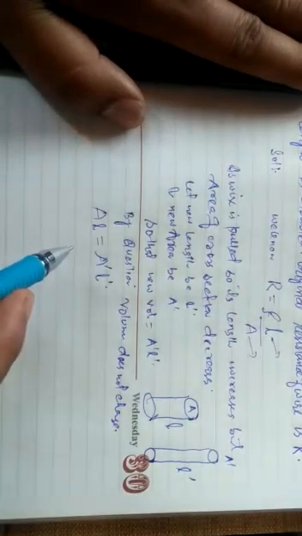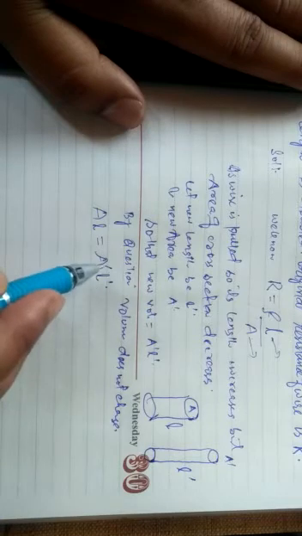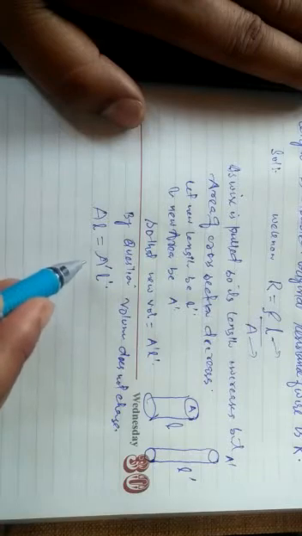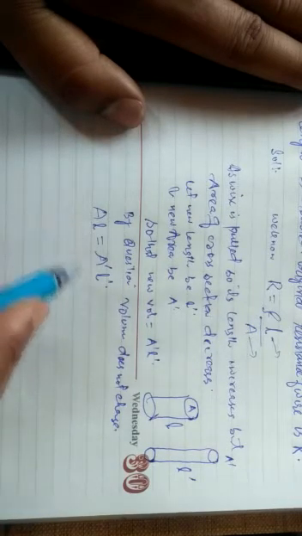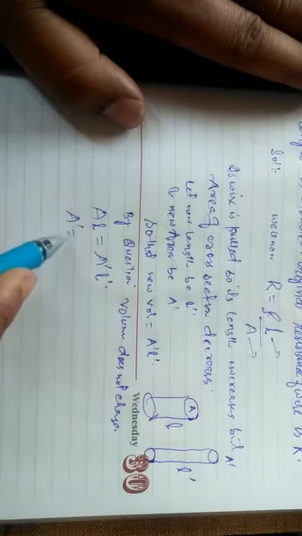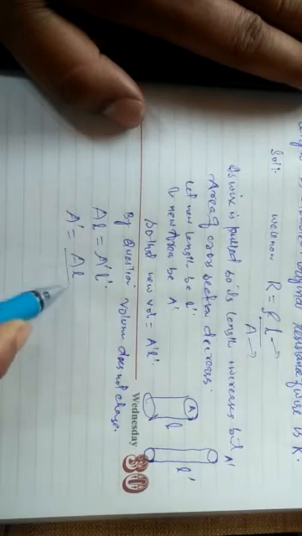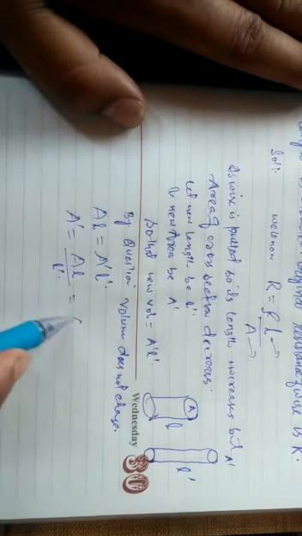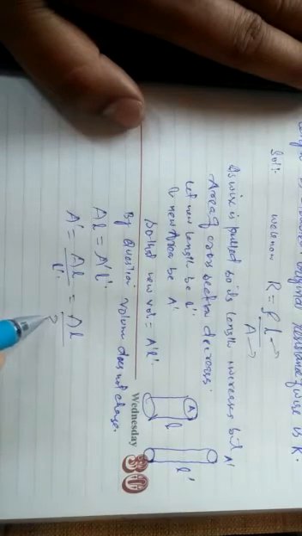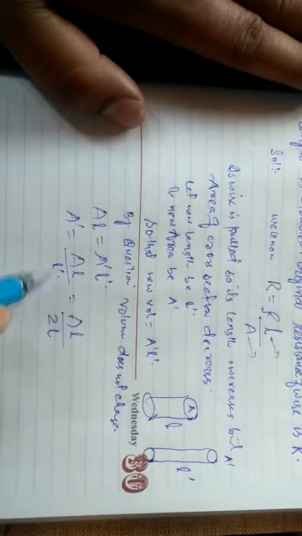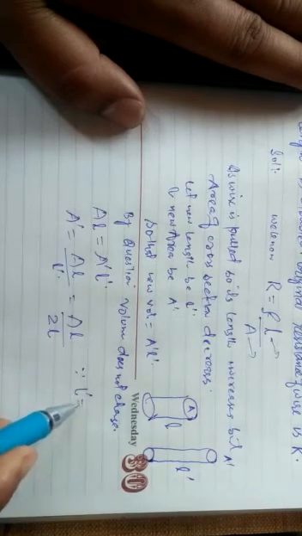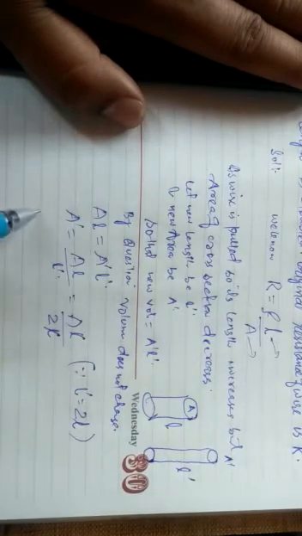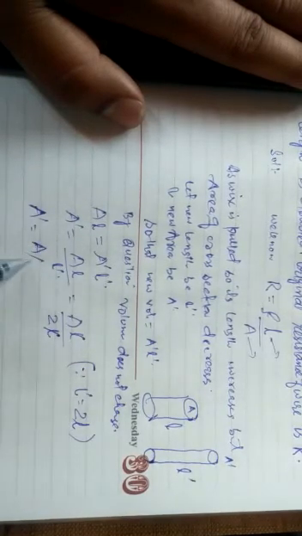We have to find A dash, because we know L dash is 2 times L. So A dash equals AL over L dash, where the new length L dash is 2 times the original length. L and L cancel, and simply A dash equals A by 2.